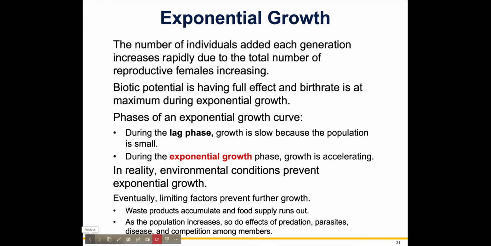And we're going to eventually reach a limiting point, and the population could crash. If they run out of food or accumulate too much waste, if there is a predator, a parasite, a disease, competition, something that makes the high rate of reproduction and that biotic potential crash, the whole population is thrown off.